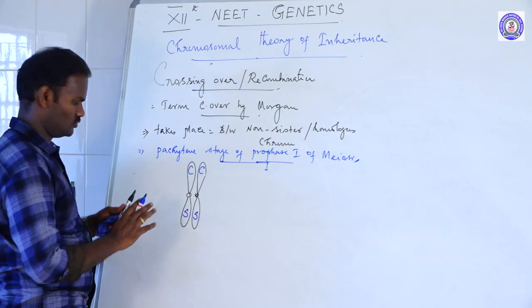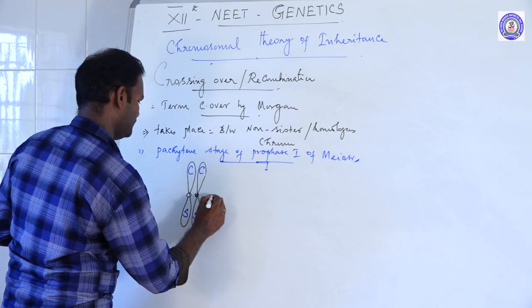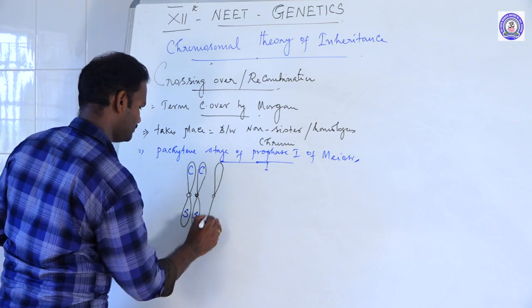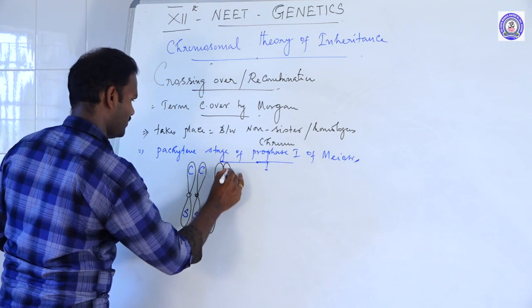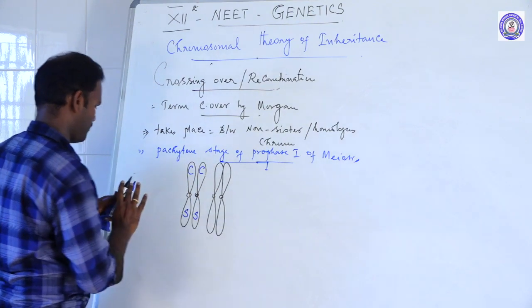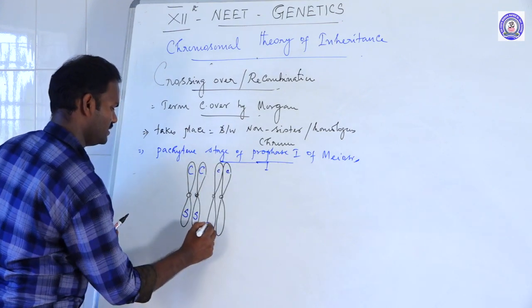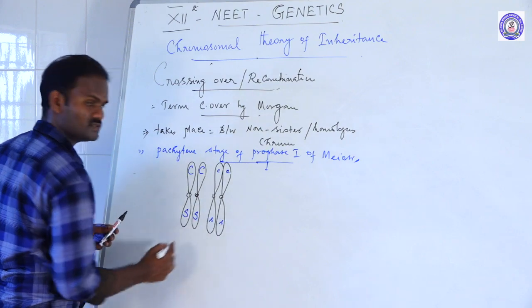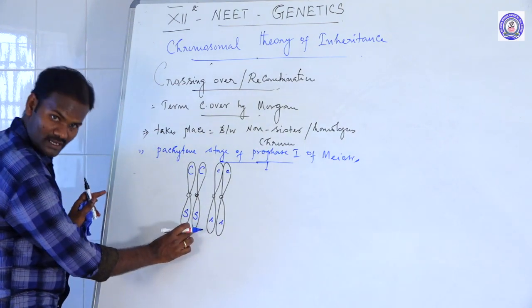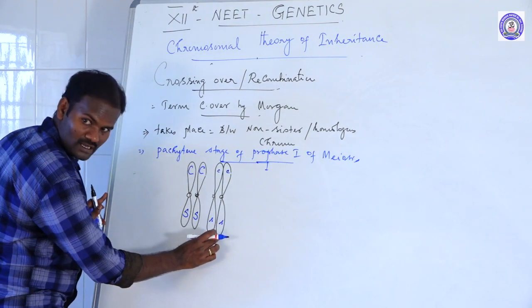These are homologous chromosomes. Then another pair of chromosomes, recessive, small c, small s. So these two are homologous chromosomes.